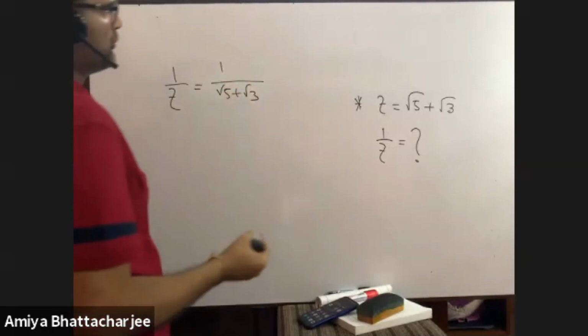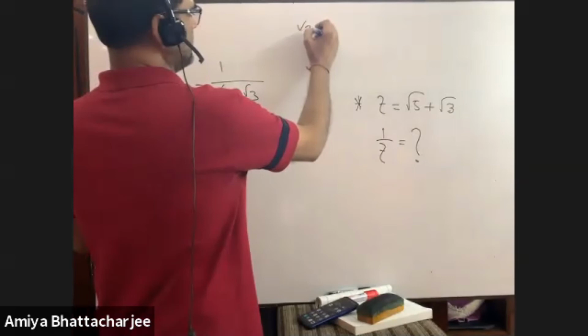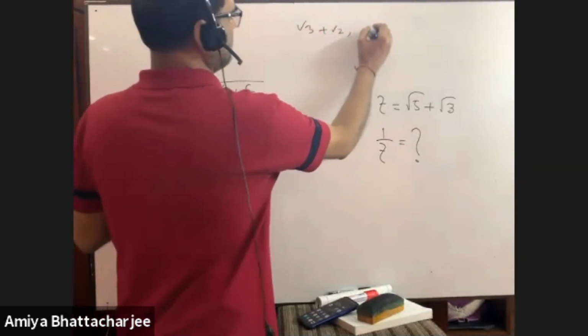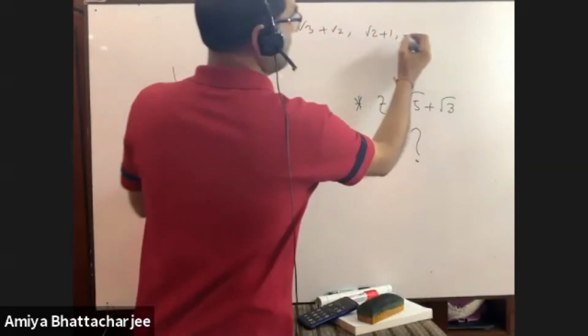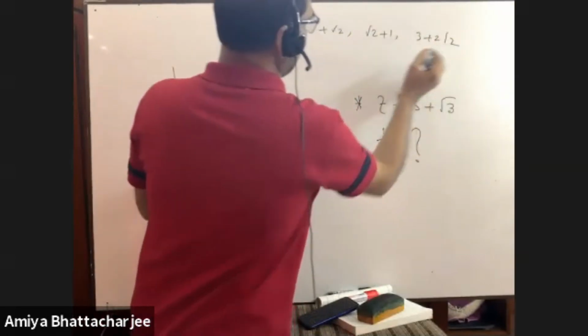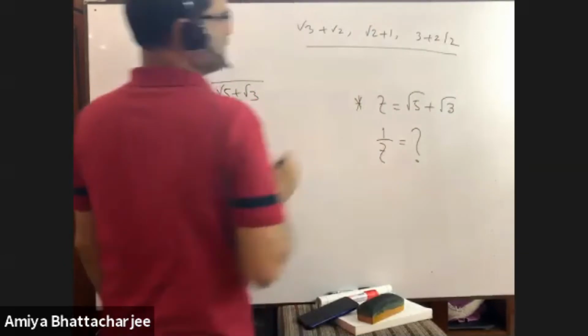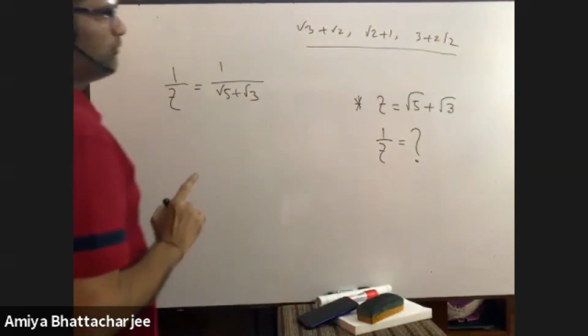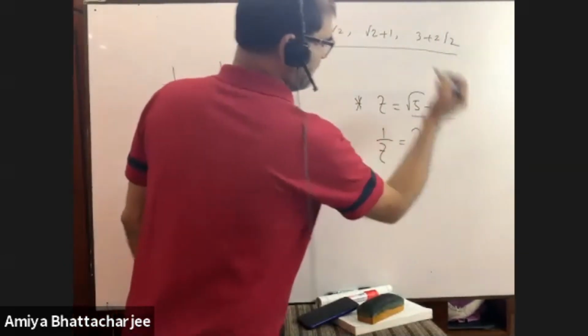Here, the examples we gave today were root 3 plus root 2, root 2 plus 1, and 3 plus 2 root 2. I have given these 3 maths, right? Can you remember, please? And now, for the 4th time, I have given this math.